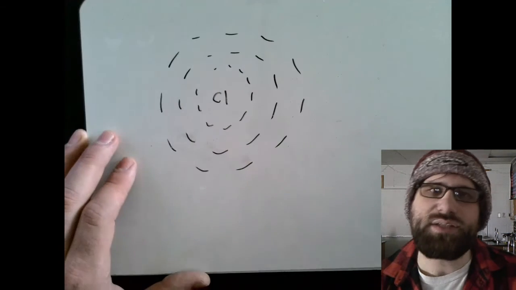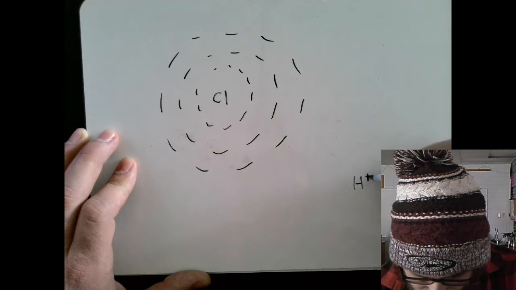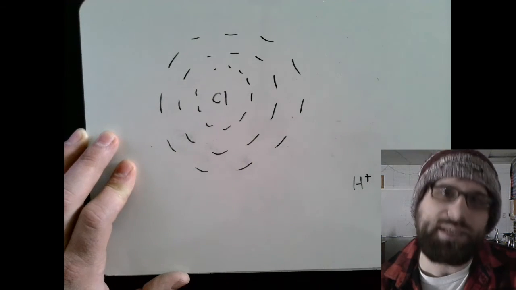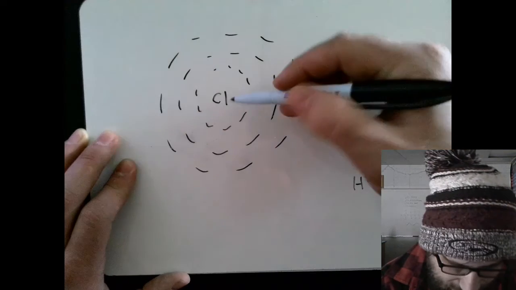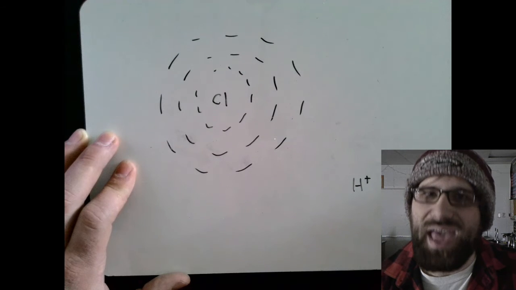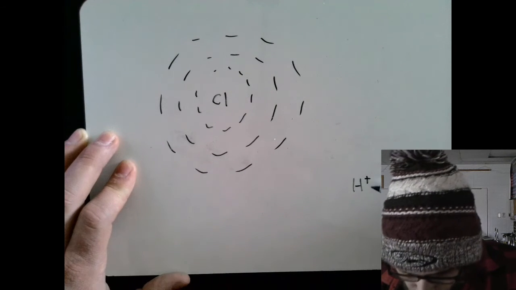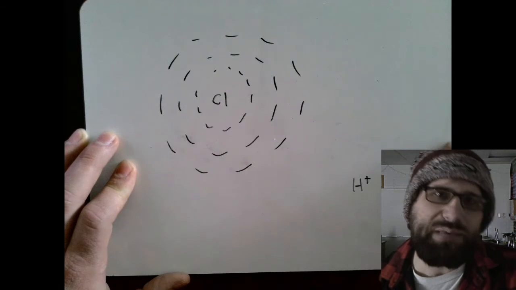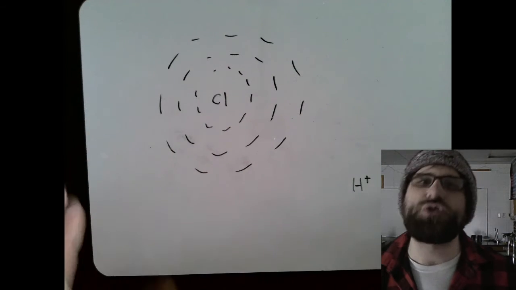Now, when I have just a little H+, a hydrogen cation, just a single proton, it doesn't have these layers of electrons keeping it from reacting with anything else. When I say I've just got a single proton here, it's like in Star Wars.